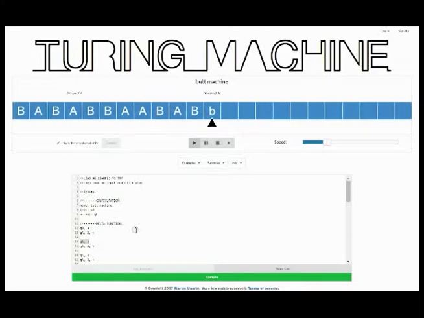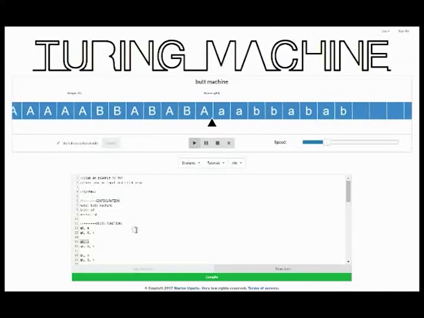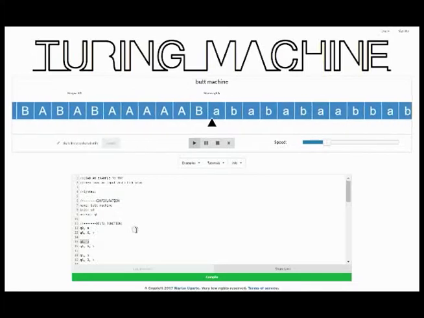For example, a small letter B would be replaced with big letter B, and a small letter A would be replaced with the big letter A.